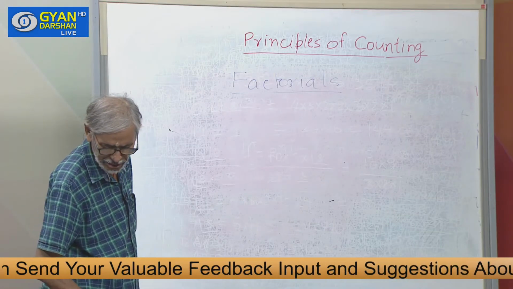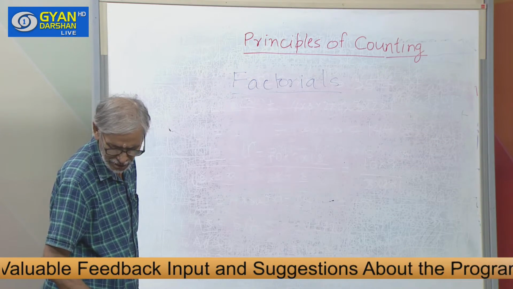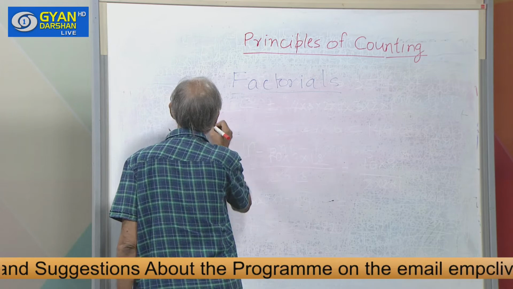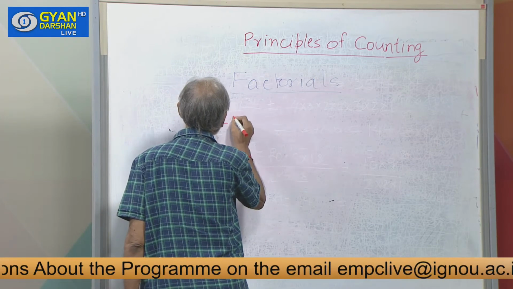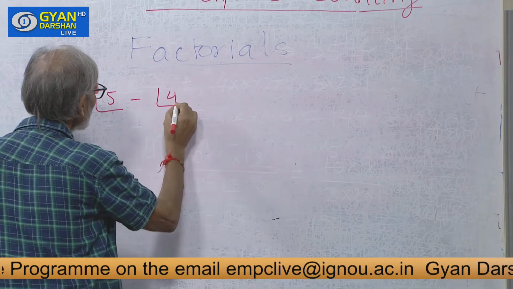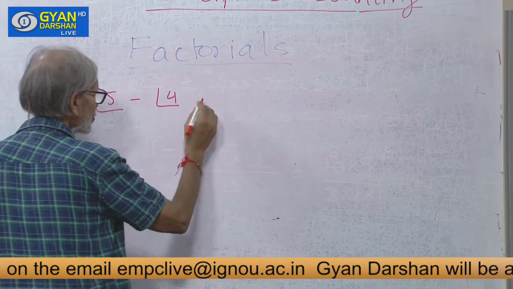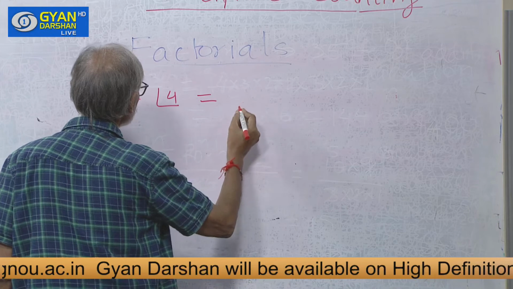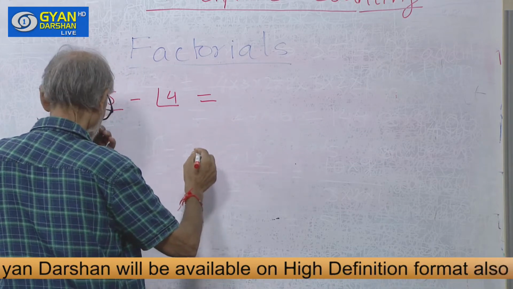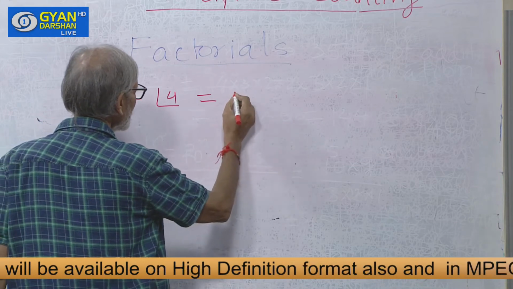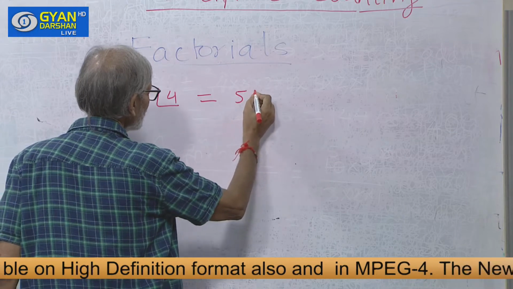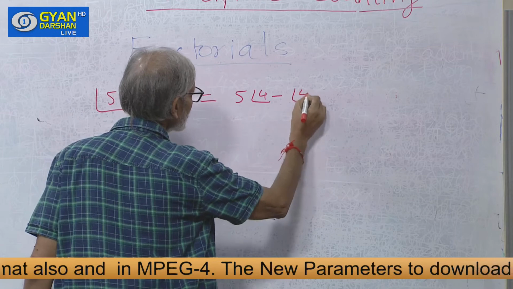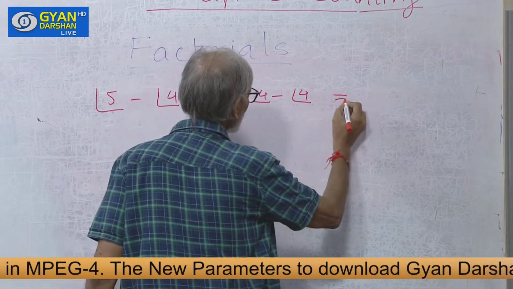So, similarly, the summation and difference of factorials, say factorial 5 minus factorial 4. So, simple, you can do it any way. 5 factorial 4 minus factorial 4, and you take factorial 4 common.